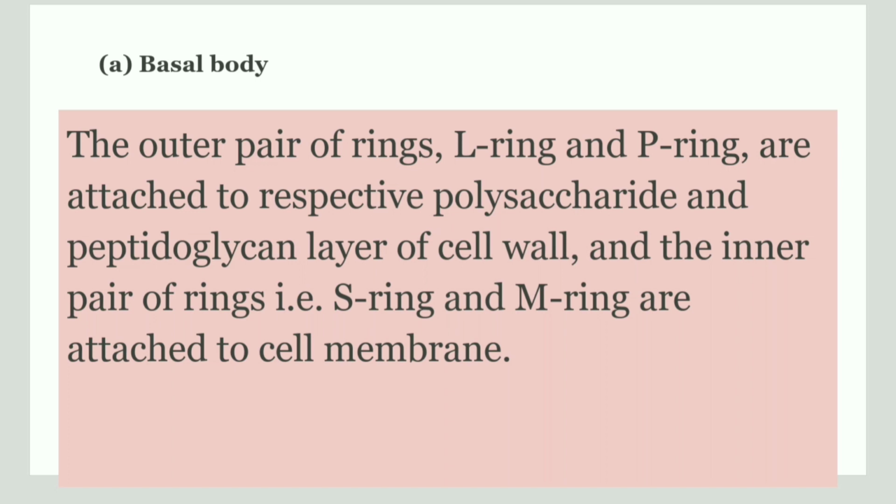That is, L is attached to the polysaccharide and P is attached to the peptidoglycan of the cell wall. So L and P are attached to the cell wall, whereas S and M are attached to the cell membrane.